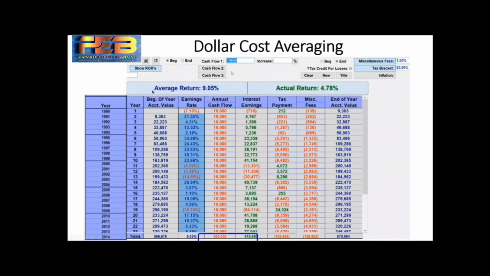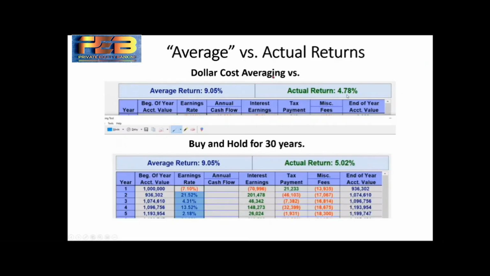And lo and behold, our average with $10,000 a month still comes out to 9.5, but our actual drops to 4.78. Again, this is using the assumption that we have miscellaneous fees of 1.5 and a tax bracket of 25%. So when we compare the two, dollar cost averaging 4.75, you're looking at 47% less return than what you're told.